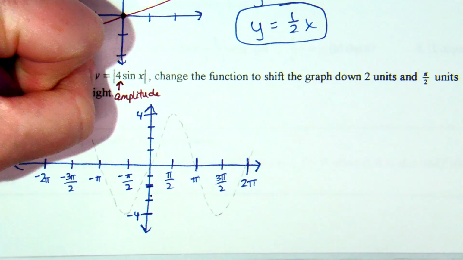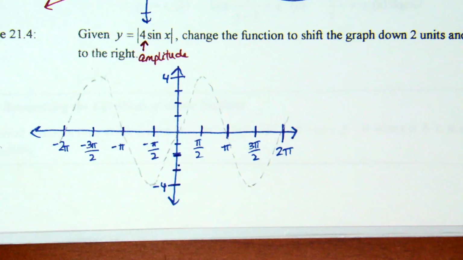What's the absolute value of 4 sine x look like? It cannot go under. Okay, flip the stuff that's underneath on top. So basically, the 2 mountains that are on top are good, yes?